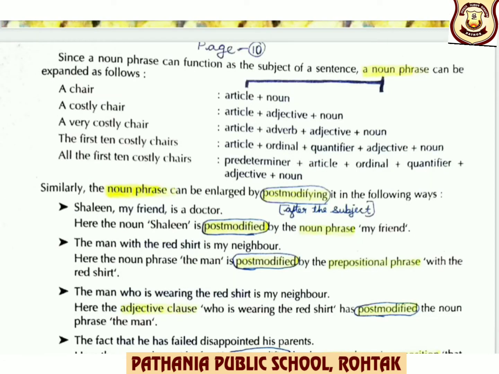Children, since a noun phrase can function as the subject of a sentence, a noun phrase can be expanded as follows. It can be an article plus noun or adjective or adverb or even ordinals, cardinals, quantifiers, predeterminers, etc. Look at the examples, children.